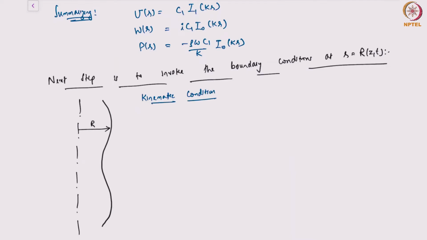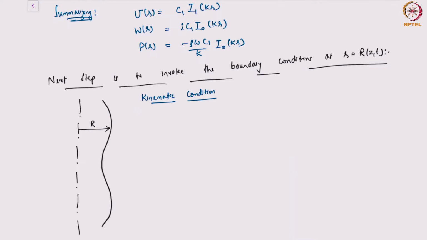What does the kinematic condition say? It says if you are sitting on the interface, and the radius is changing back and forth, the rate of change of this radius would just be equal to the velocity at that point, right? And what velocity will that be? If the radius is increasing, you are changing in the radial fashion.